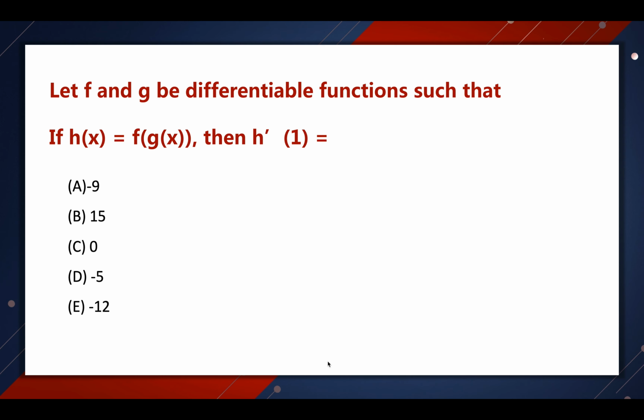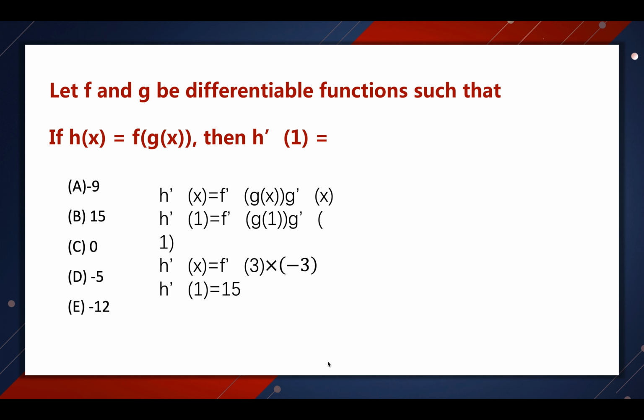So we have to find the derivative of h(x) at first, and we will know that equation is the derivative of f(g(x)) times the derivative of g(x), and then we put 1 into this function, we will get the derivative of f(g(1)) times the derivative of g(1), and then we will simplify it.